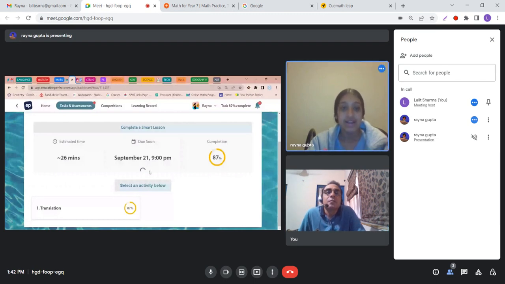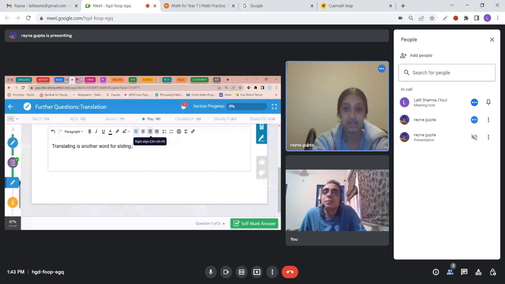In this smart lesson, we have been looking at translations, and what exactly is translation? It's basically like sliding. Normally the shape goes up, down, left, right.